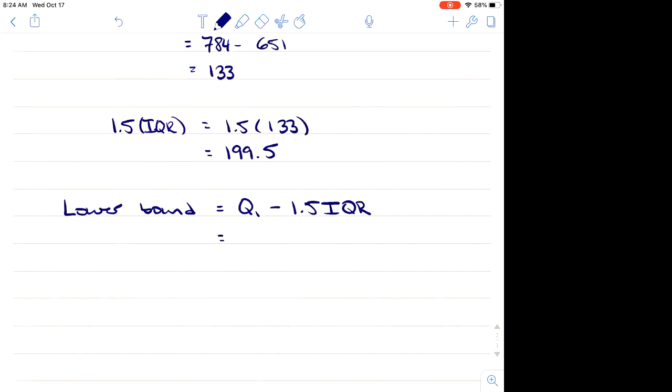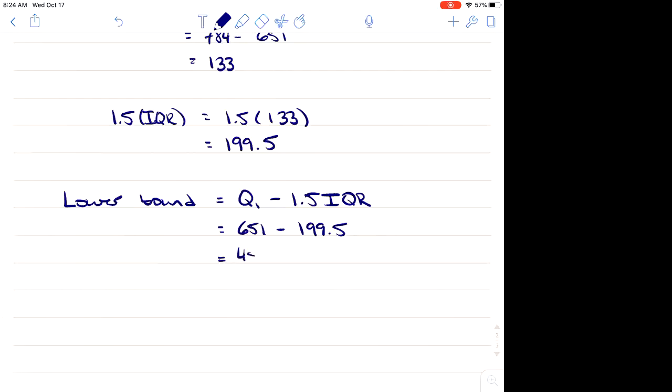Because we've calculated 1.5 times the interquartile range, we can just plug that in right away. So Q1 is 651 minus 199.5. I get 451.5. So what do we do on the lower end?